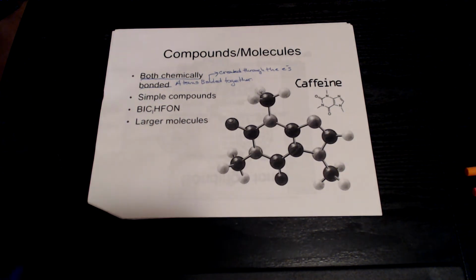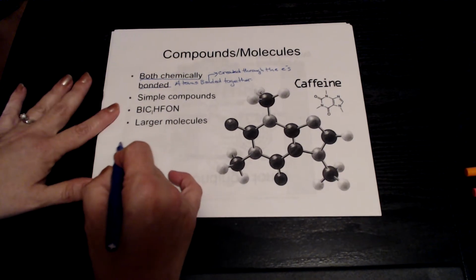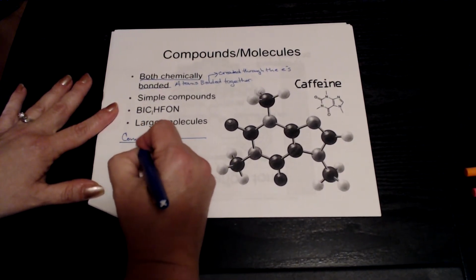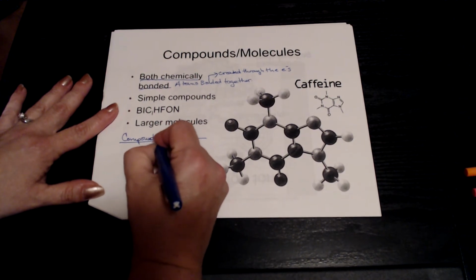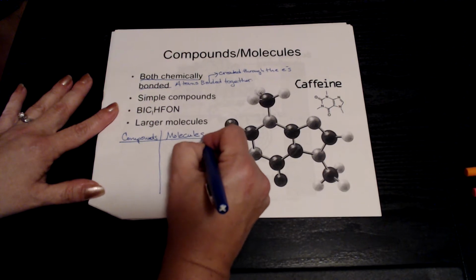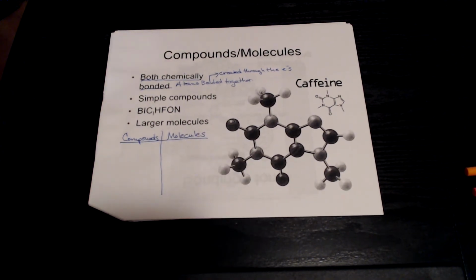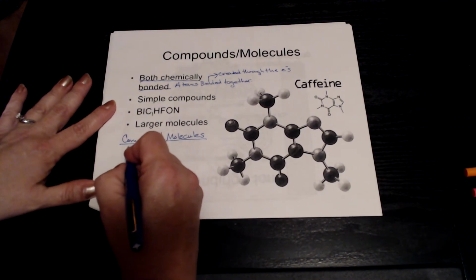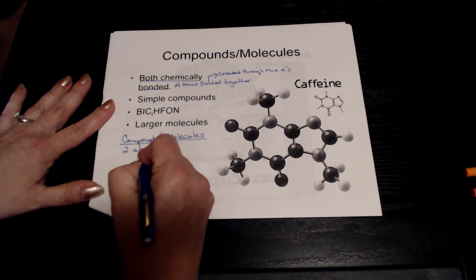Okay. Most of the time when we're talking about just compounds, let's make a little chart down here that gives us the difference between compounds and molecules. Most of the time when we're talking about just compounds, we're usually talking about 2 atoms at most.